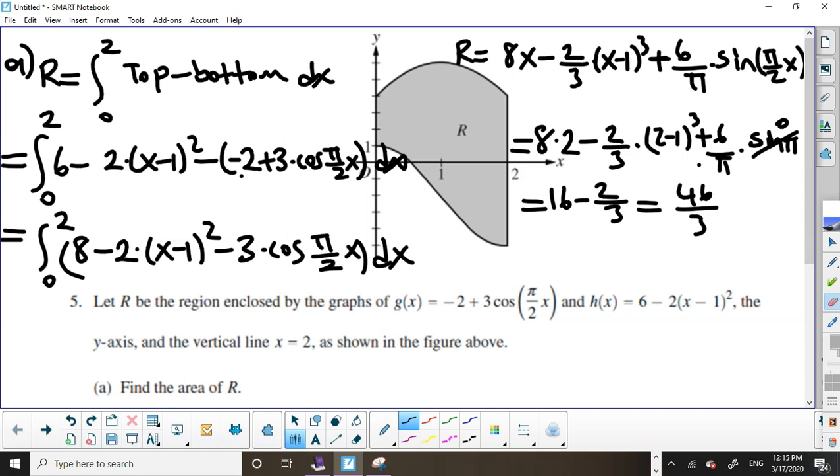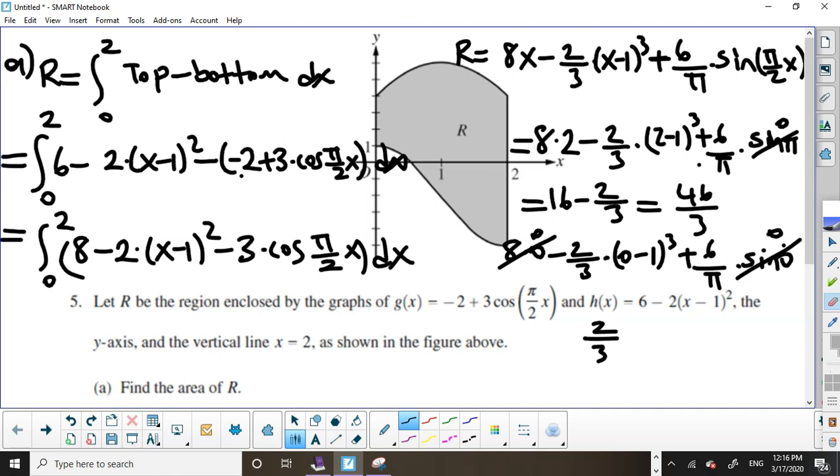Okay. Let's plug 0 into this expression. That's going to be equal to 8 times 0 minus 2/3 times (0 minus 1) to the power of 3 plus 6 over pi times sine of pi over 2 times 0, which is just sine 0. We know that sine 0 is 0, so this product is 0. 8 times 0 is 0, and negative 2/3 times (negative 1) to the power of 3 is equal to positive 2/3.